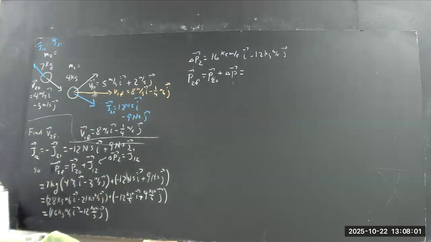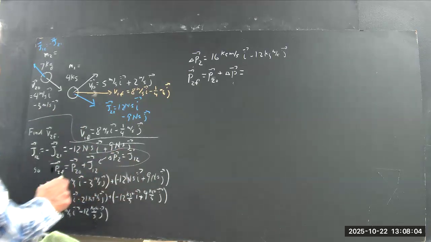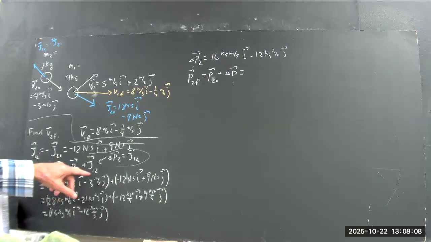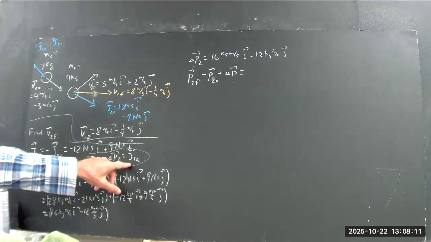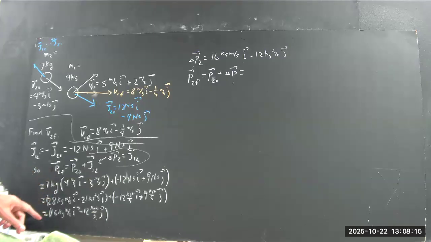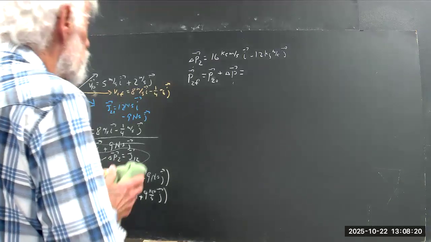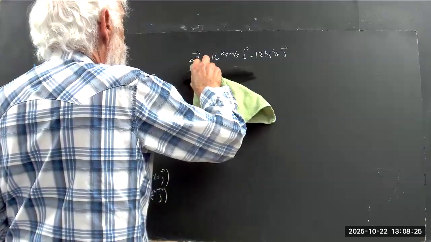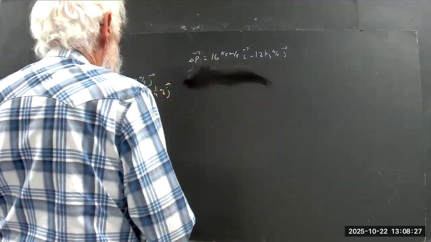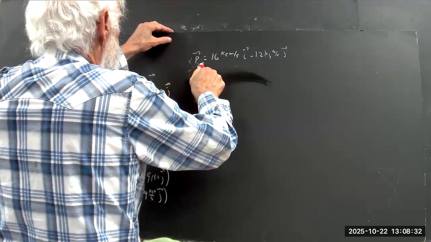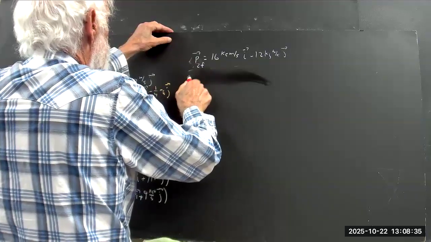Now, let's not get too distracted by the subscripts. Again, all this is saying is you take your initial momentum and add your change in momentum, which is your impulse, and it gives you your final momentum. So what I wanted to write up here, not delta P2, it's P2F equals this.